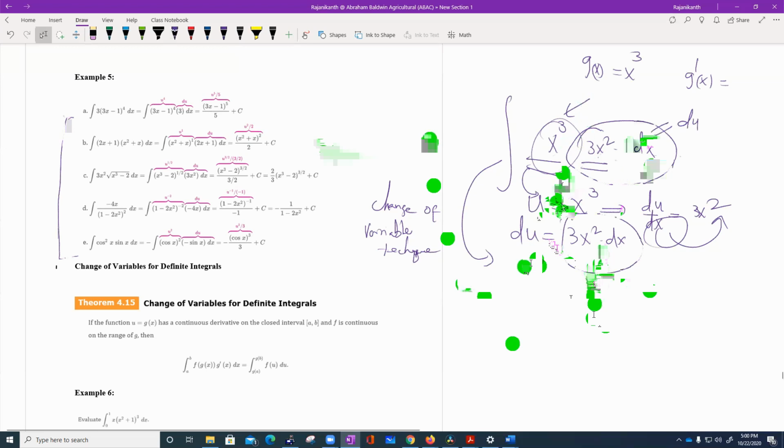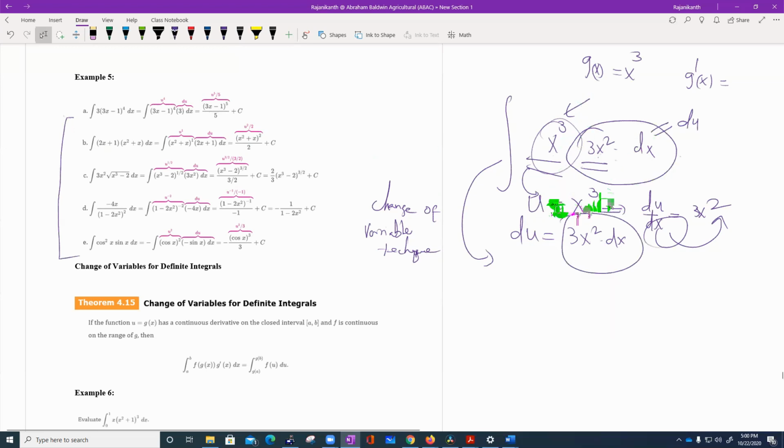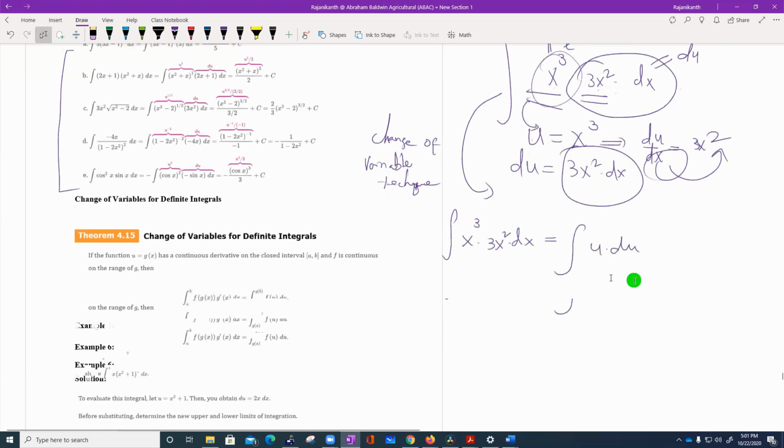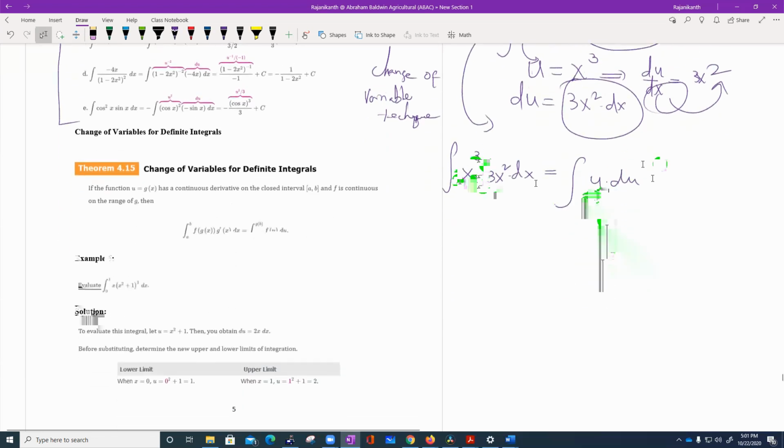But remember, according to my substitution, x cubed was u. So this was u. That means I'm rewriting the original problem as u times du by using the new variable. Now the problem is much simpler than the original, right? Now you could treat this as a new problem.